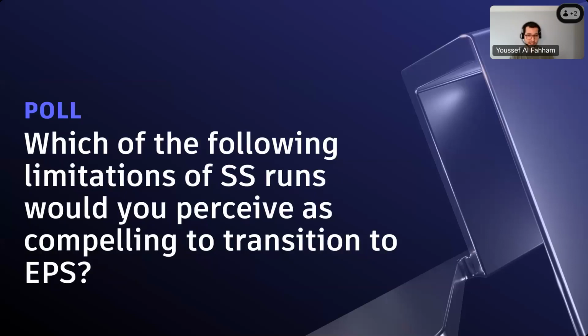For people that just do steady state runs, which of the following do you perceive to be limitations of steady state runs? Sorry, which of these limitations would you perceive as compelling to transition from steady state to EPS? So people that just strictly do steady state, do you perceive any of these limitations that we highlighted there as compelling to transition to EPS?